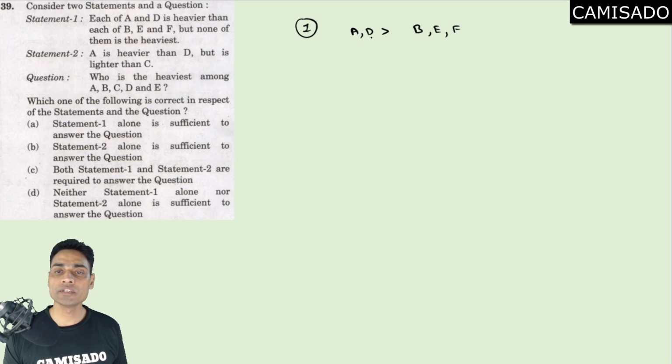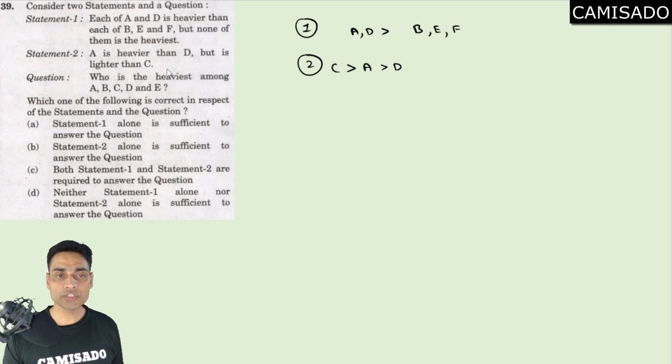A is not heaviest, D is not heaviest, and of course since they are heavier than B, E, F, those are also not heaviest. The second statement says A is heavier than D but is lighter than C. So now we can say C is heaviest amongst the 3, A, C, and D.